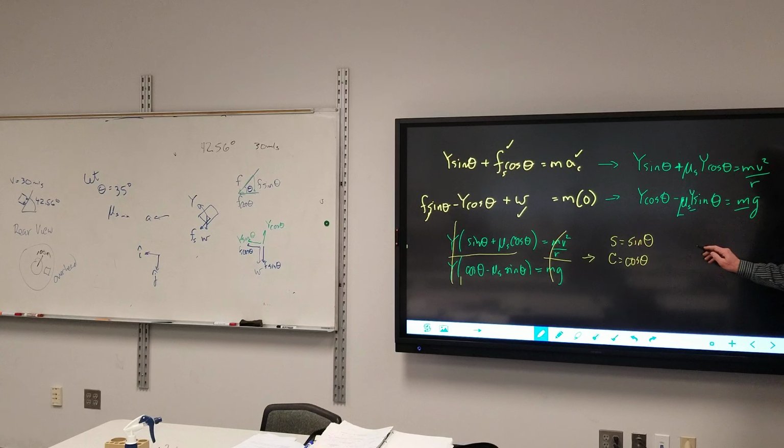And so this reduces down to s plus mu c divided by c minus mu s is equal to v squared over gr. Now, if mu is 0, if we're dealing with a frictionless situation here, those terms would drop out and we're left with a sine over cosine, which is tangent, which is what we had yesterday.